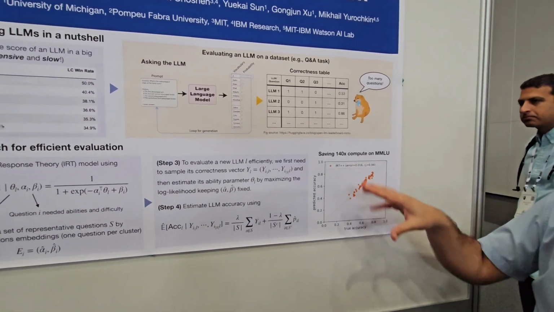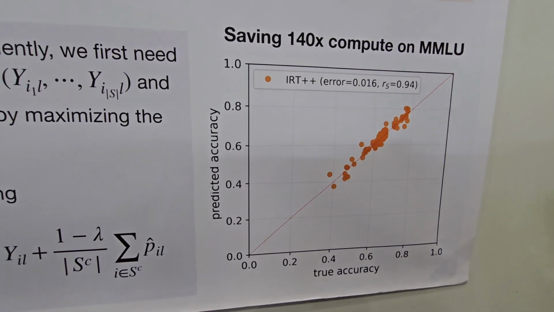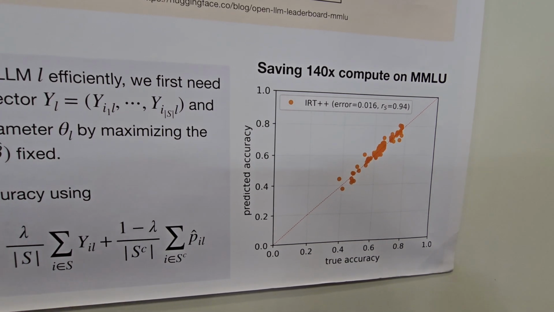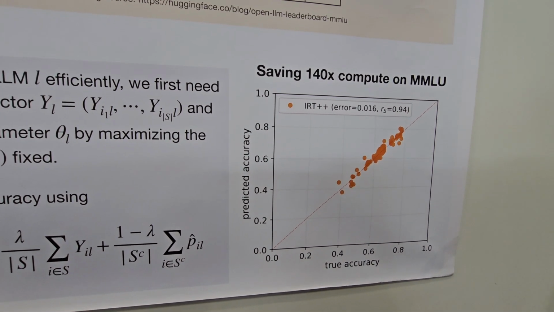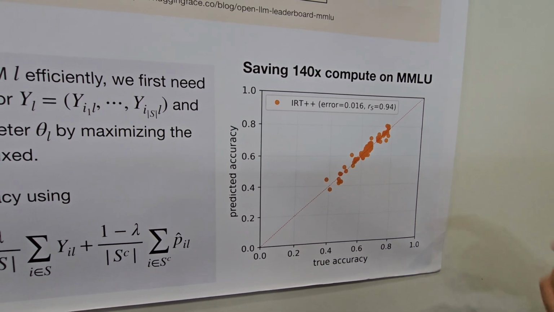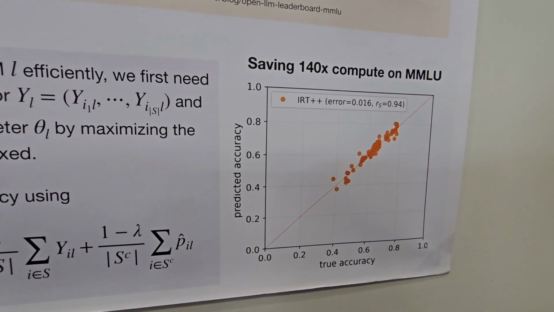Here we have some main results for one of the benchmarks. For MMLU, we have around 14,000 questions, but we show that we are able to get very good estimates of the accuracy of the models using just 100 questions. That's why we have 140x time savings here.